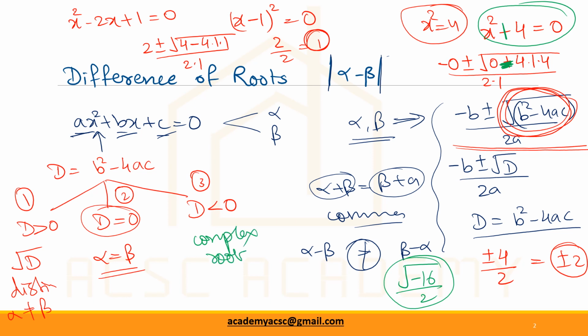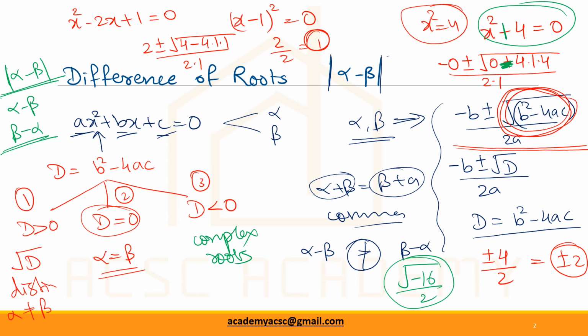So now, depending upon these three cases, we can differently define what the difference of roots would actually mean. If it was your case 1, then alpha minus beta and beta minus alpha both would be different. But in such cases, what we do is we take the absolute difference, which means you will calculate any one of them and then you will take the modulo sign, so that it does not matter which one is greater, which is smaller, or in what fashion you have taken the difference, because ultimately we're taking the absolute value only.